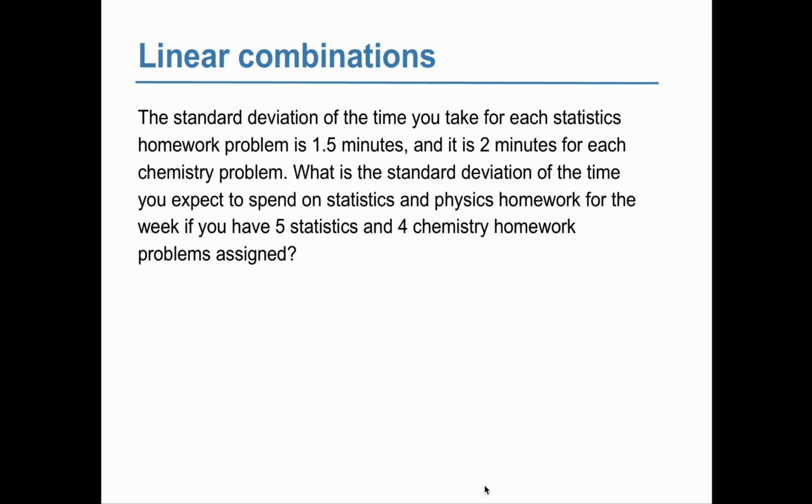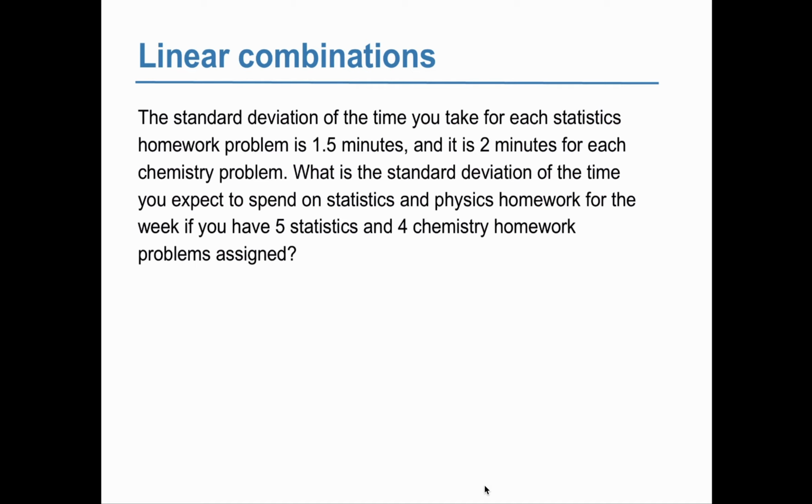The standard deviation of the time you take for each statistics problem is 1.5 minutes, and it's 2 minutes for each chemistry problem. What's the standard deviation of the time you expect to spend on statistics and chemistry homework if you have 5 statistics and 4 chemistry homework problems assigned?